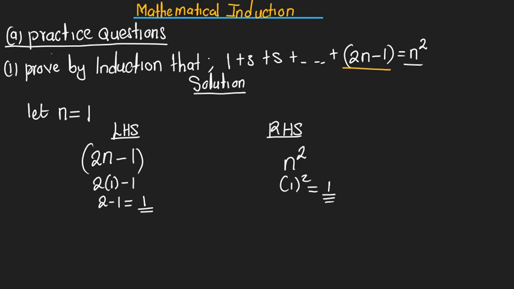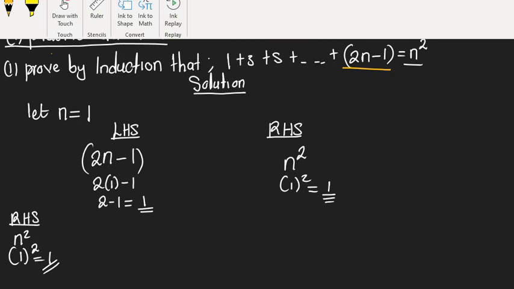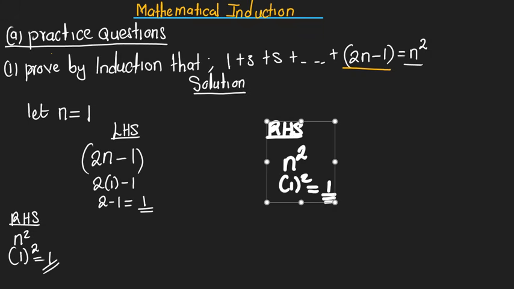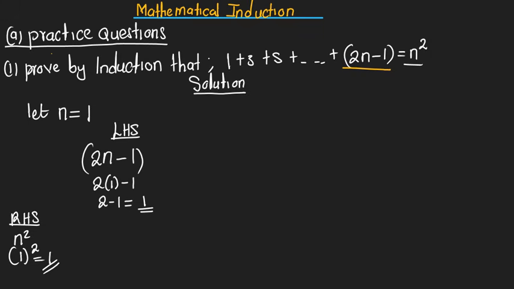Right hand side, here you had n to the power 2, you put your 1 there and you are getting 1 here. So let's wrap that part. We create more space. What is the second step telling us?